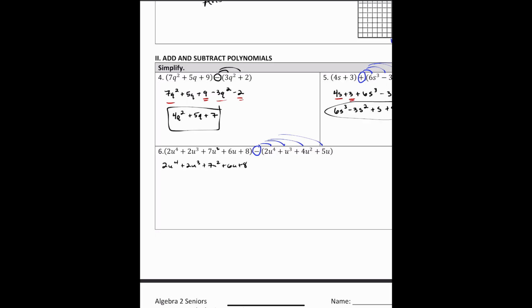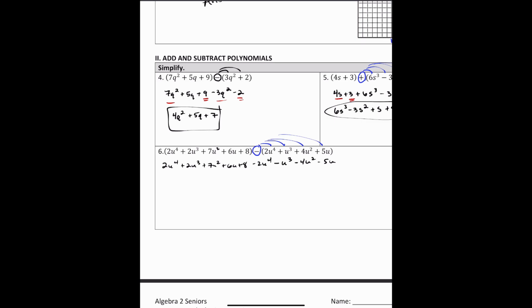So whatever the signs are for the stuff inside this parentheses should be the opposite. So negative times u to the fourth should be negative 2u to the fourth. And then that negative times a positive, of course, is going to be a negative. So it's going to be negative u to the third minus 4u squared minus 5u.